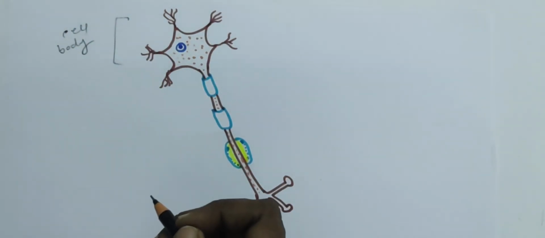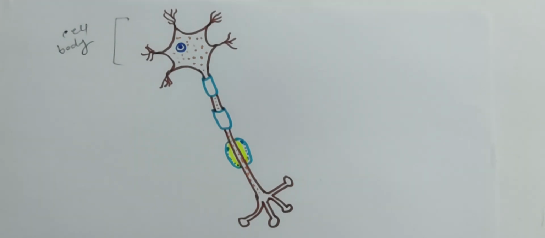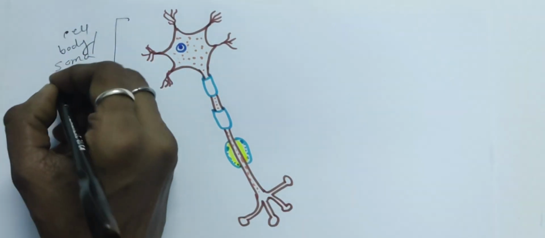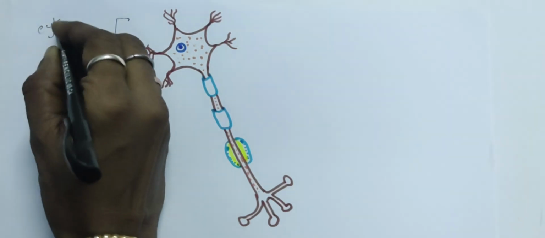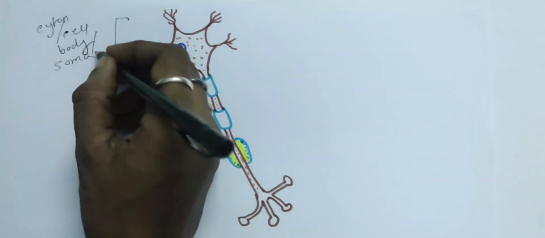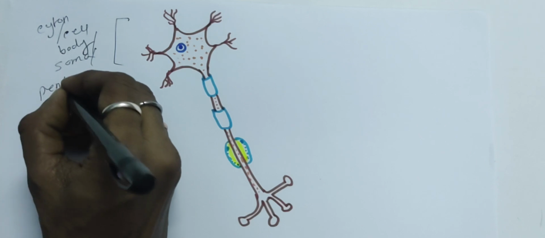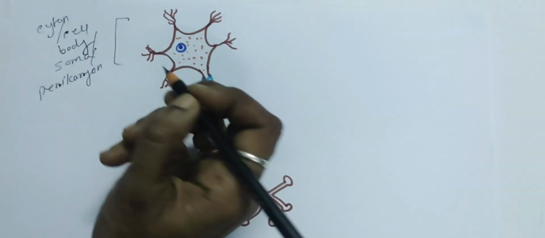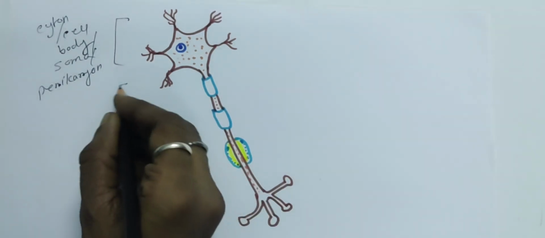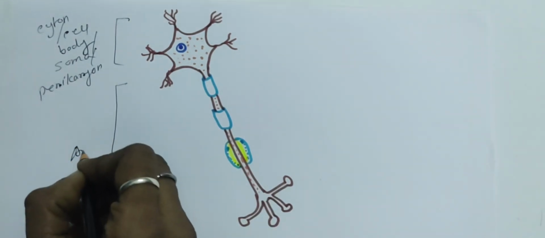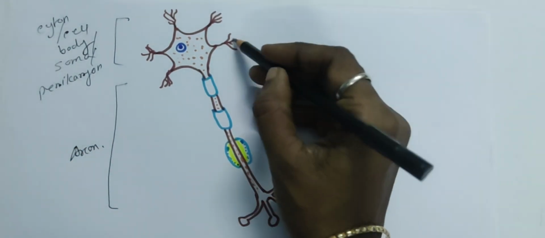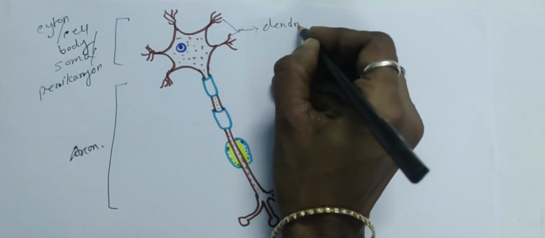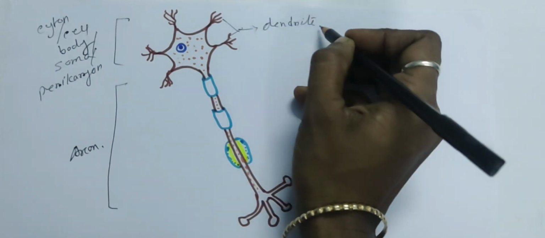The cell body is also called soma or cyton or perikaryon. And this process is called the axon, and these processes are called dendrites.